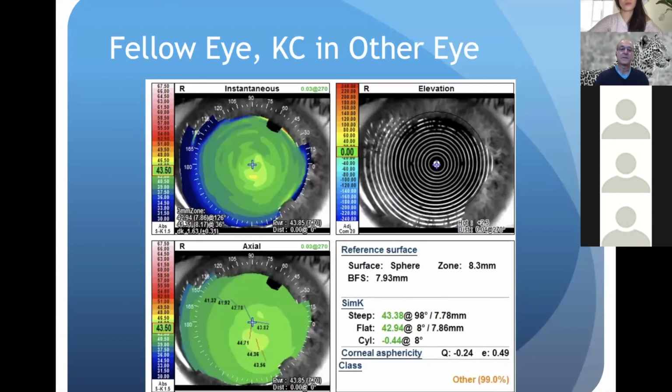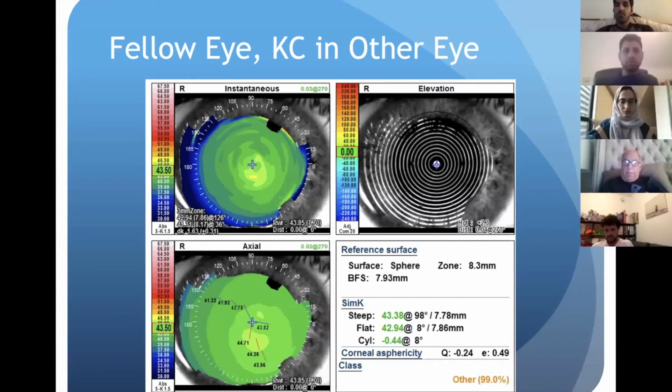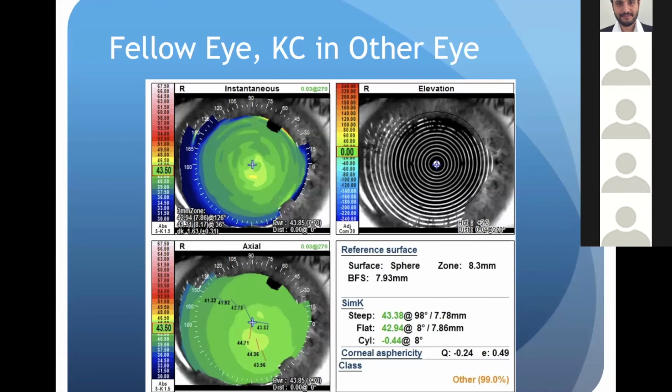Okay, so this is the other eye, and there's a good chance that this patient is maybe left eye dominant, or maybe they sleep on the left side, maybe they've got floppy eyelid syndrome, and or they rub their eye. We had 3 patients that came from the Tourette syndrome clinic, and if ever you've wanted to be convinced that eye rubbing is a factor in keratoconus, this is the place to find it.